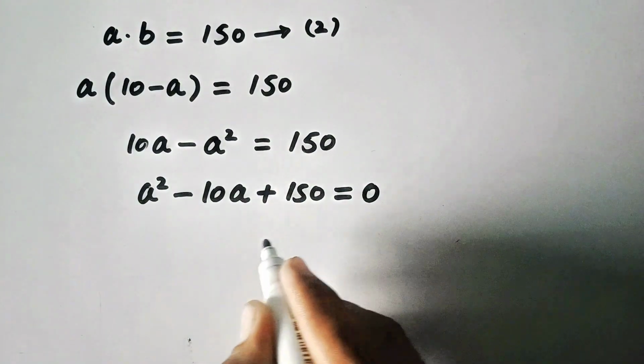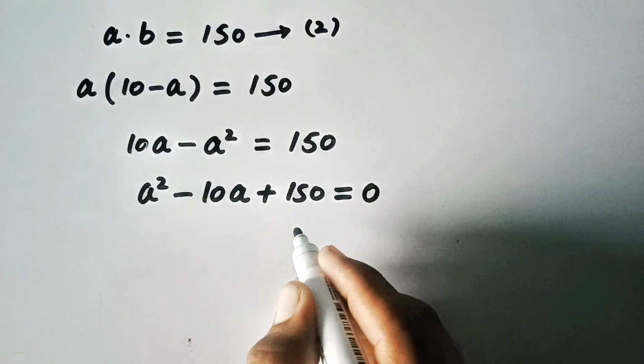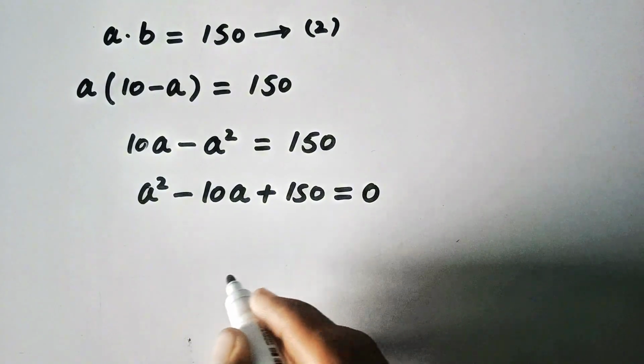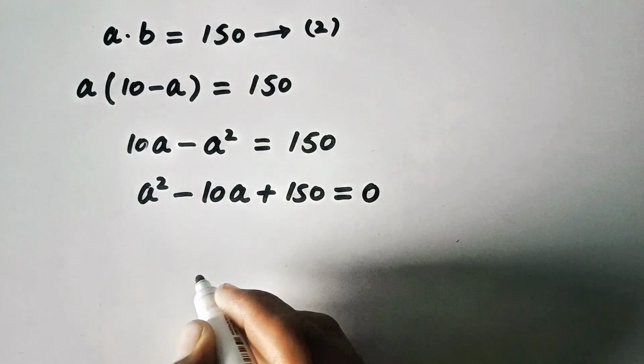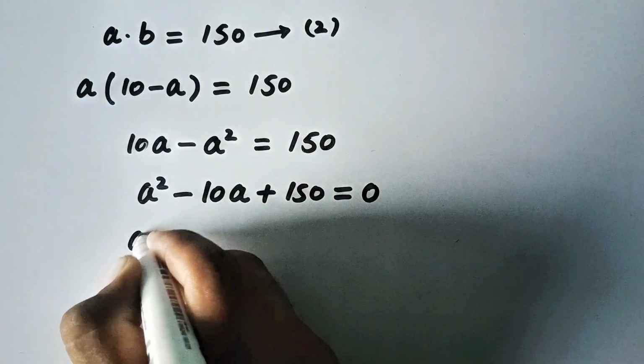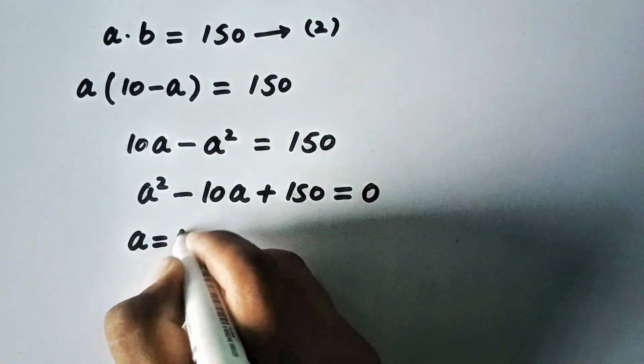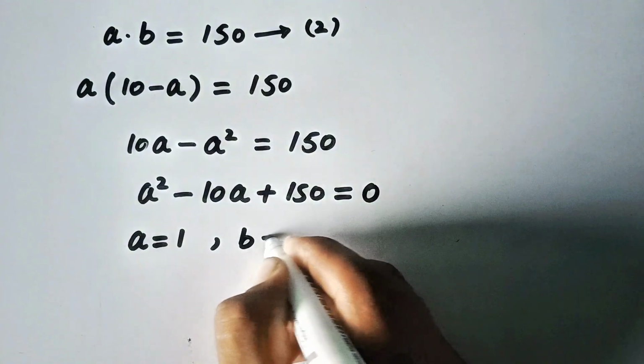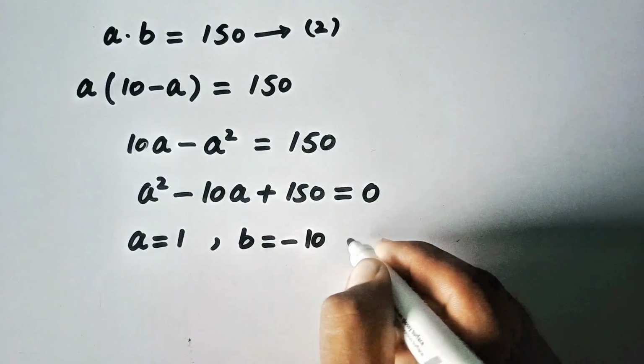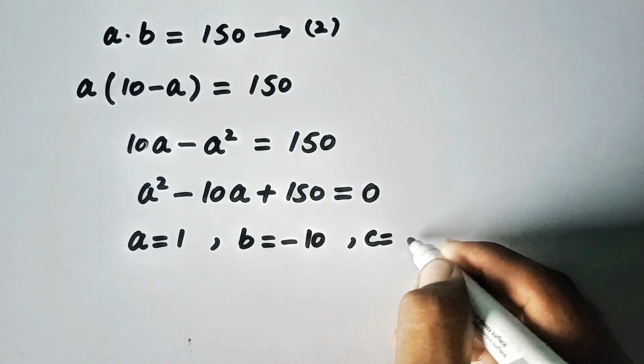And as here we have gotten a form of quadratic equation, so to solve it further we will use quadratic formula, so that here a is equal to 1, b is equal to minus 10, and c is equal to 150.